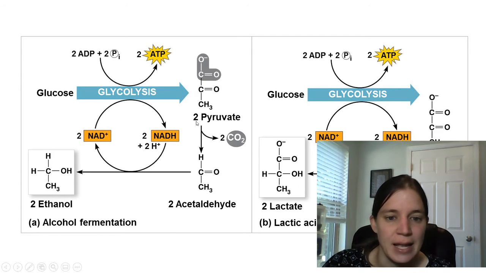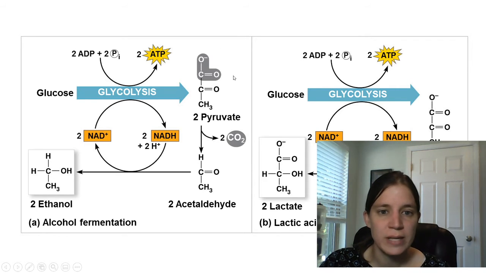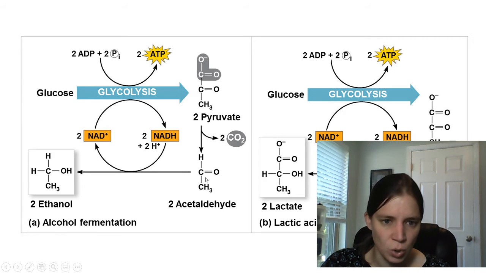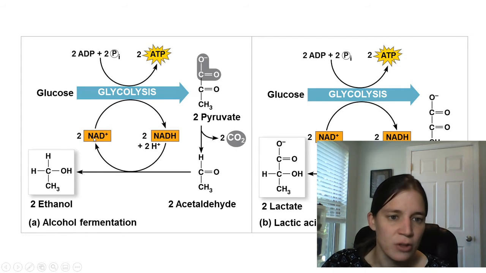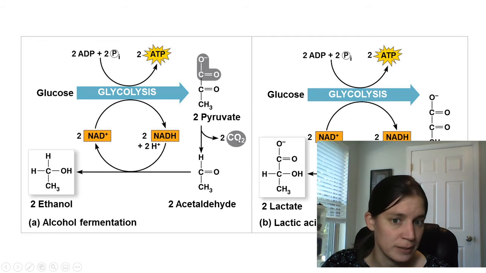In alcohol fermentation, this pyruvate is broken down. Get rid of this carbon dioxide. Have this little molecule here. This molecule picks up those electrons, ends up being ethanol, so alcohol, and then you're back to start the cycle again. So you can keep running glucose through indefinitely. You don't need oxygen. You do make ethanol as a byproduct, and you make carbon dioxide as a byproduct.